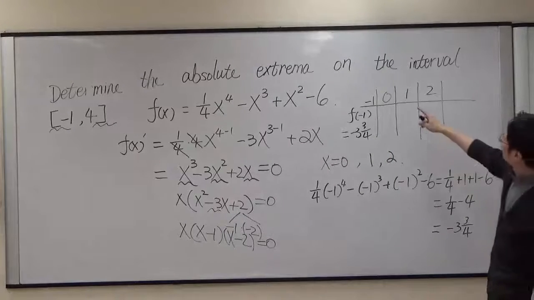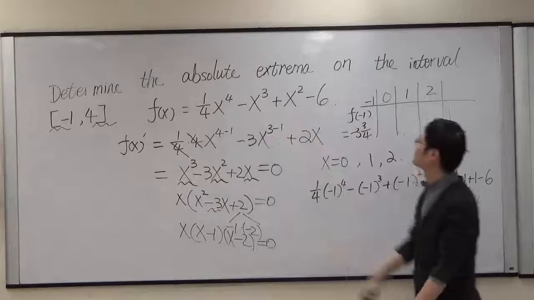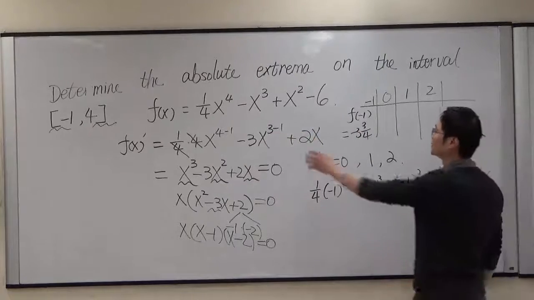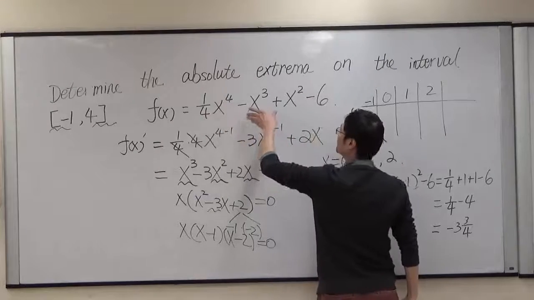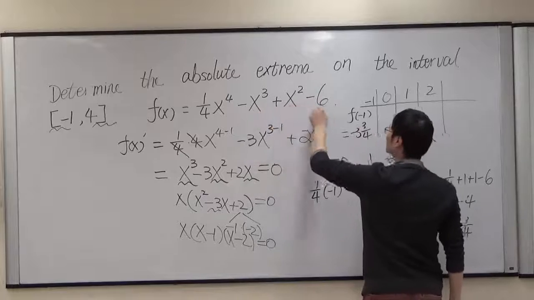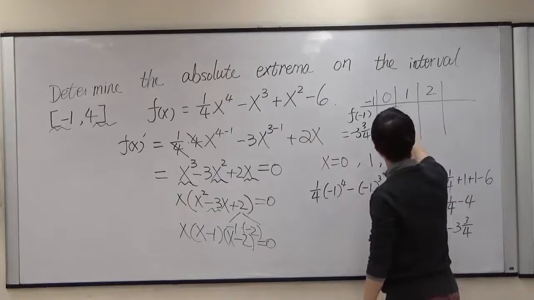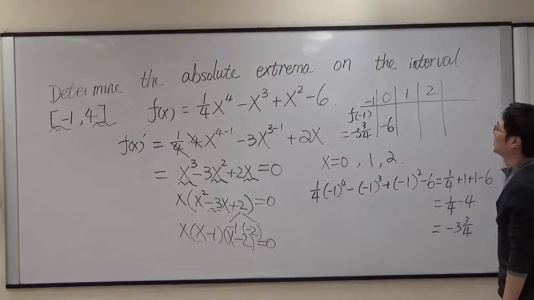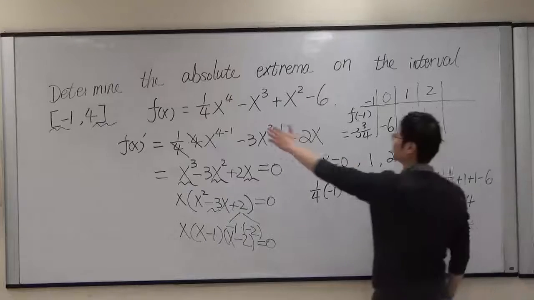Then we're going to plug 0 into my original function. This one is going to be very easy. That's 0 minus 0 plus 0, minus 6. The answer will be -6. Now we plug in 1 into the function.